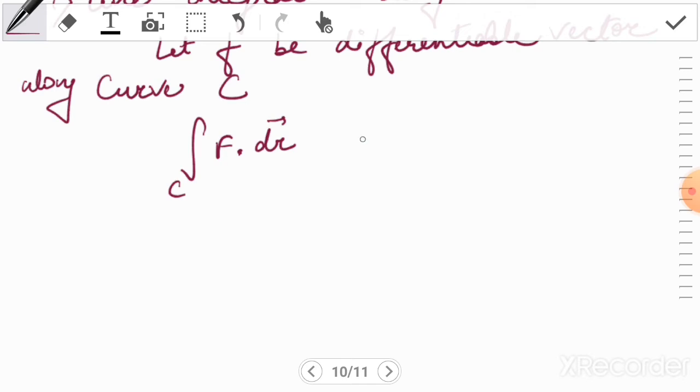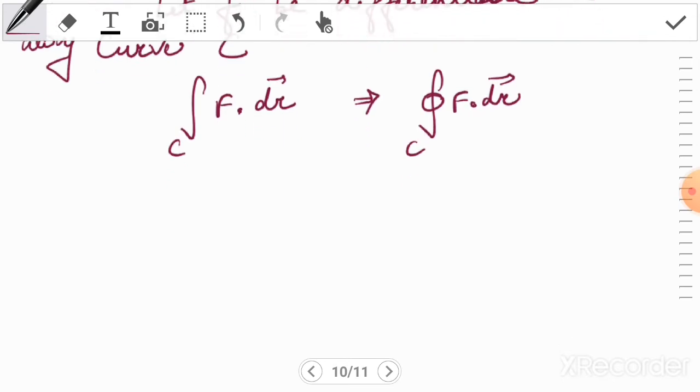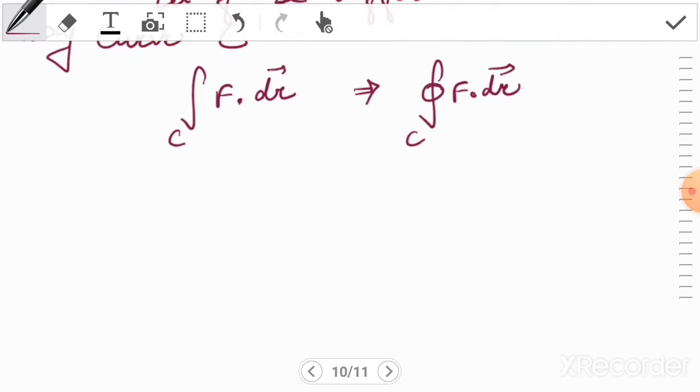Or if C is a closed curve, then it is denoted by a circle on the integral sign like this. Right?